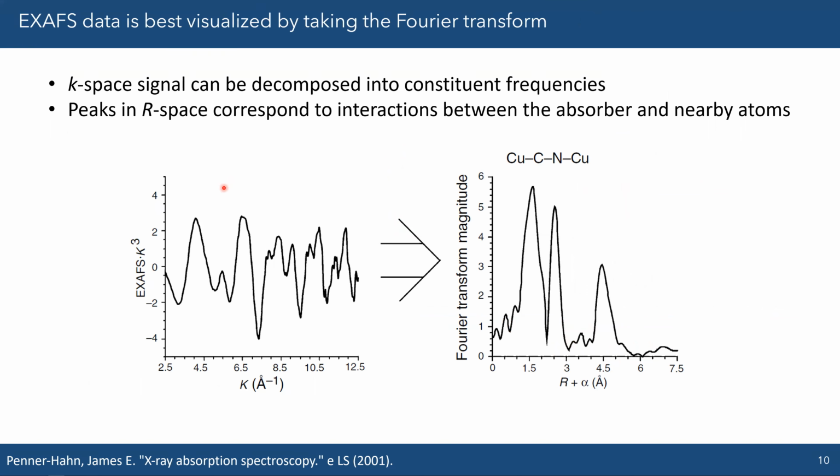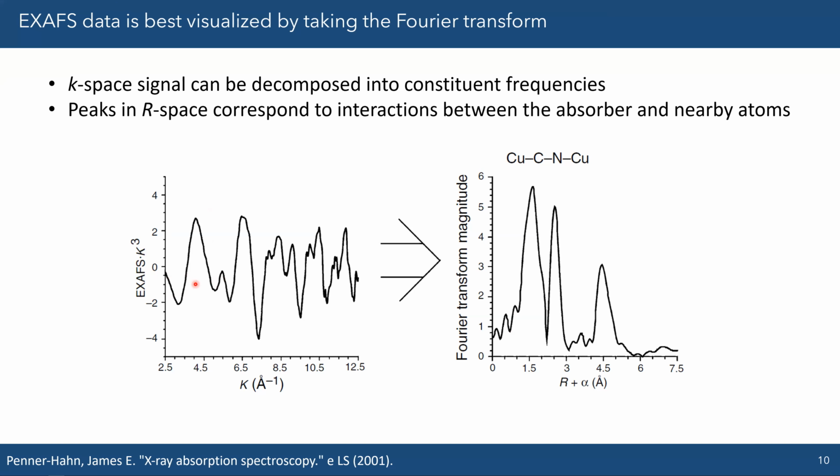So there's actually probably a better way to visualize these wiggles, and that's with the Fourier transform. What a Fourier transform does, in the simplest way, is it isolates your signal into constituent frequencies.